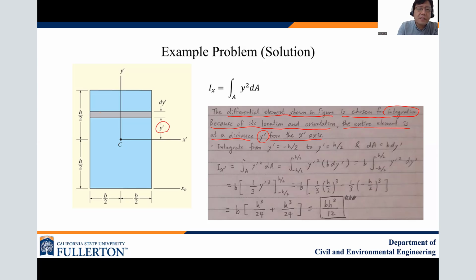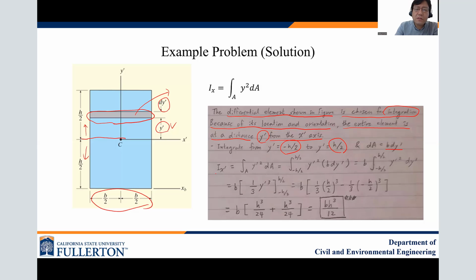That means this gray area is the differential area, and the distance is y prime. The integration is related to the x prime axis, so there's a negative area and a positive area. The range is from minus h/2 to h/2. And dA for this gray area is b times dy prime.